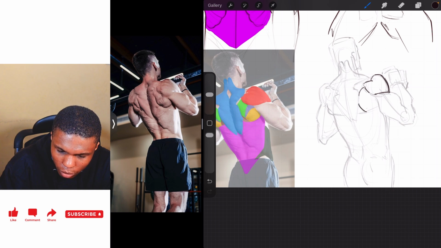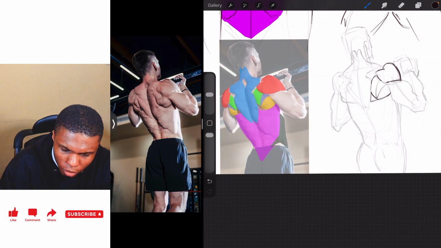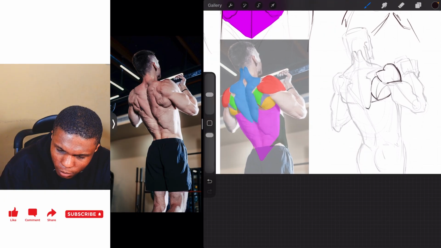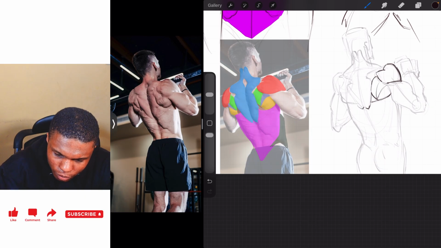And then our rhomboid shape over here, and then we're going to have our teres major. Well, I think I messed that up. I think it actually looks like this: our teres major and our teres minor, right?